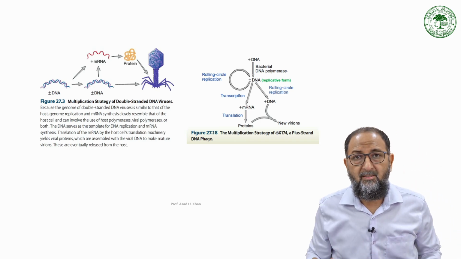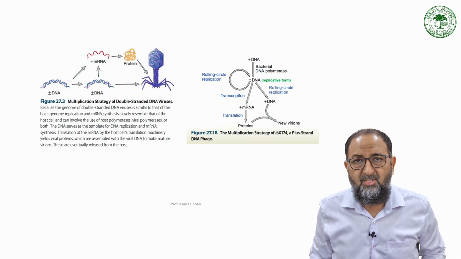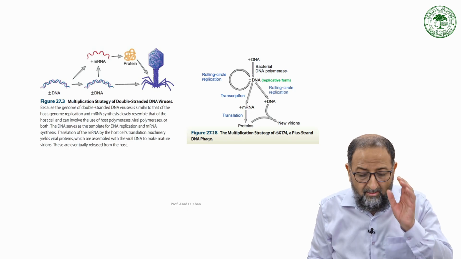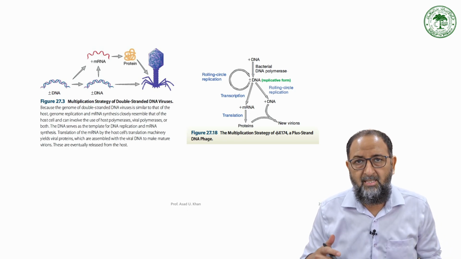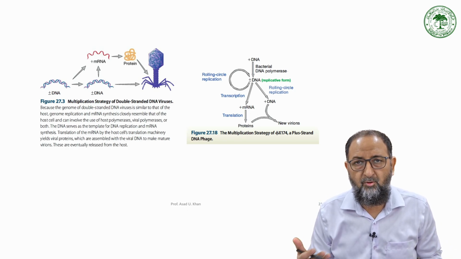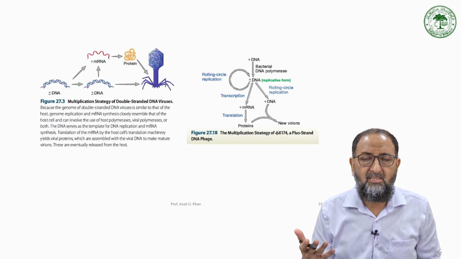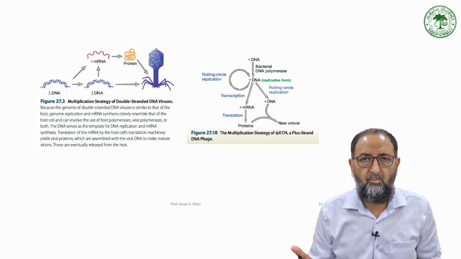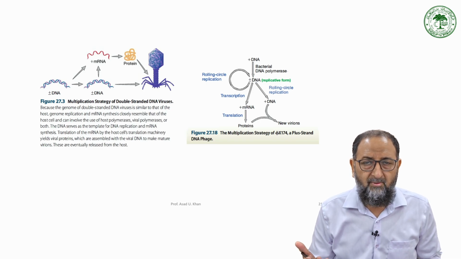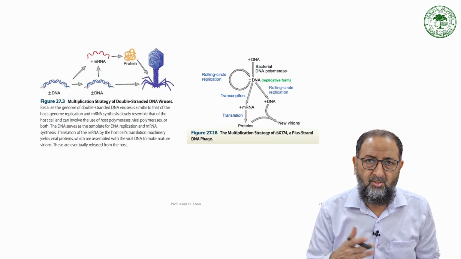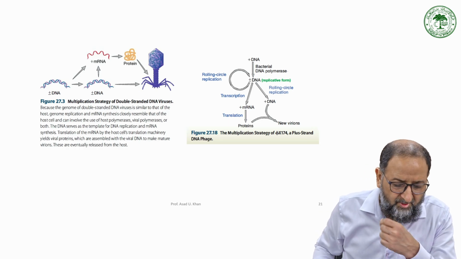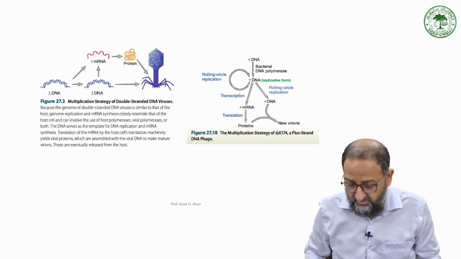So the bottom line is that the viral genome during replication gets incorporated and assembled into the virion, or capsid or capsomers, to form the virion particle, and remains intact as a genome of its own, whether it is plus to minus or minus to plus. So this is called the multiplication strategy of the double-stranded DNA virus.